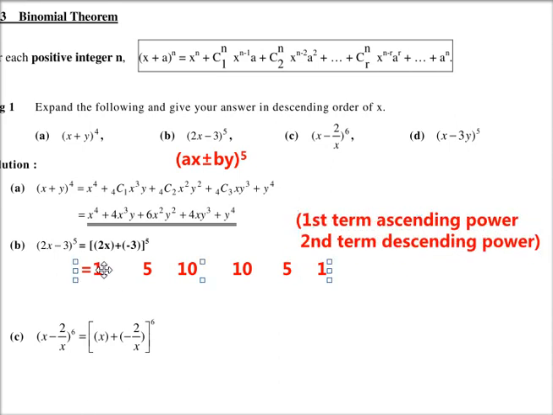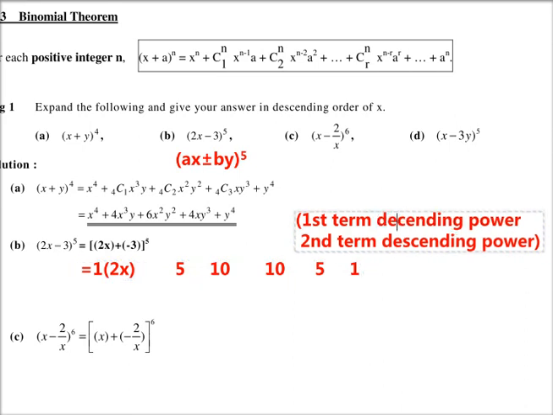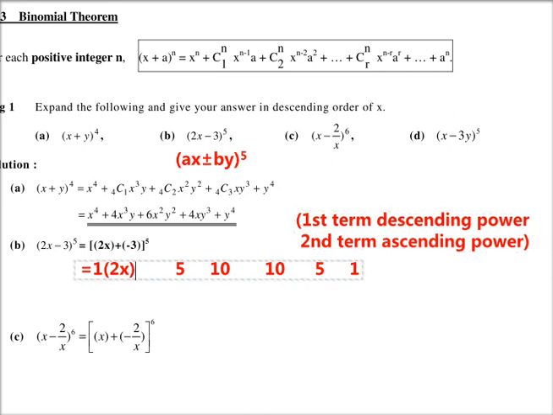So what we have here is that this one is 2x descending power, sorry, ascending. Descending, sorry, ascending. So this one is to the power 5, and second term to the power 0. You know that the 0 can be written down or not written down, it's also okay.